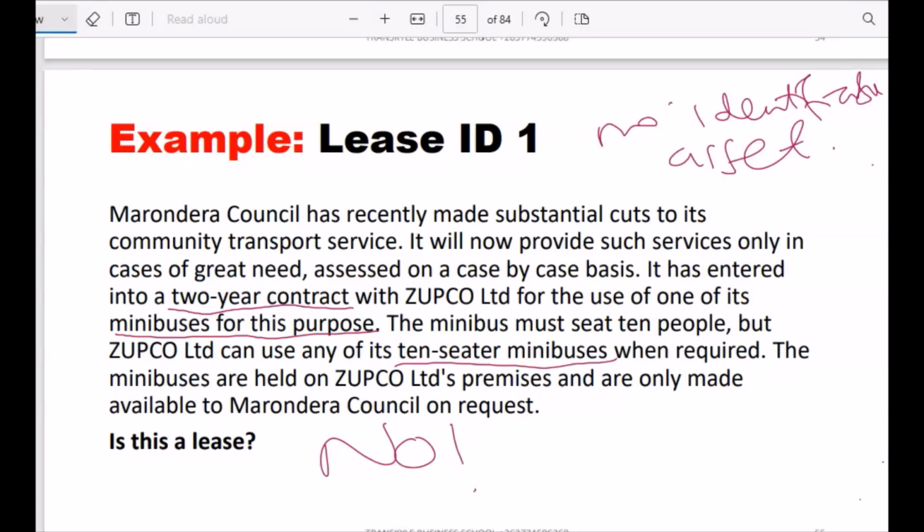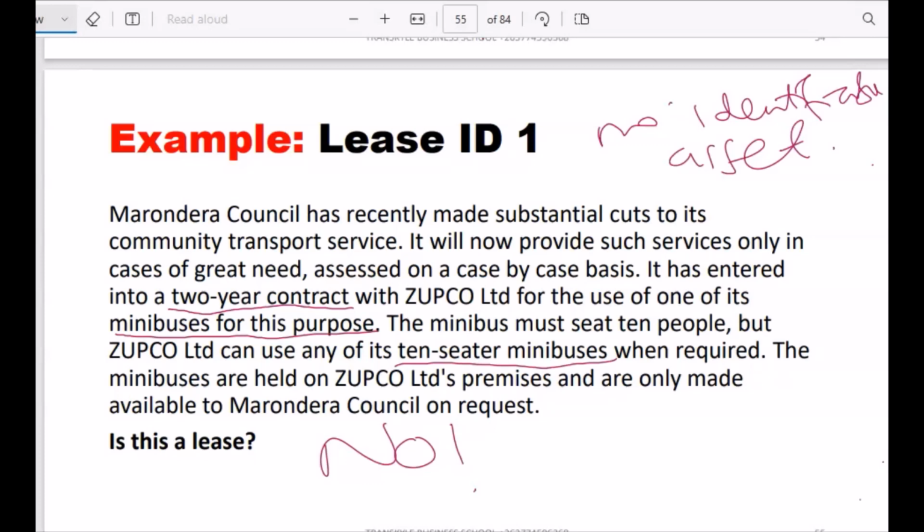The other issue here is that the lessor, Zupco, can substitute the right to use of a particular asset. They can decide that today they give Marondera Council a yellow minibus, tomorrow they give them another minibus, and the next day a black, a blue, a red minibus. So it depends on what Zupco deems fit on a particular day.